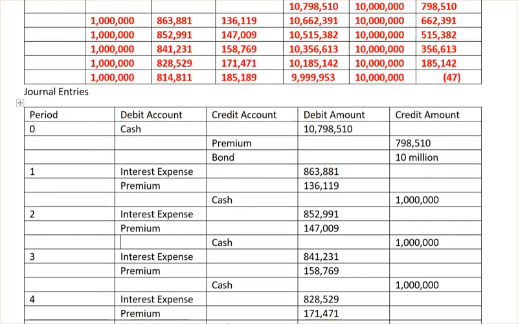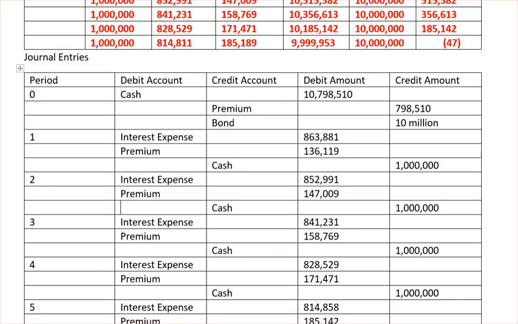The same standard journal entries are being done here, but notice that because it starts at a premium, with a value above its face value, the carrying value just goes down, down, down. The carrying value is reduced until it gets to 10 million.